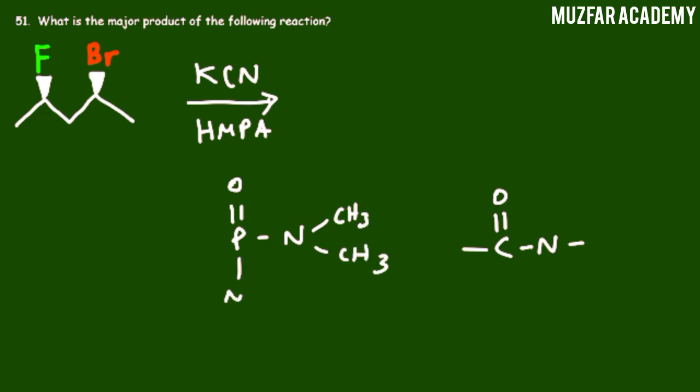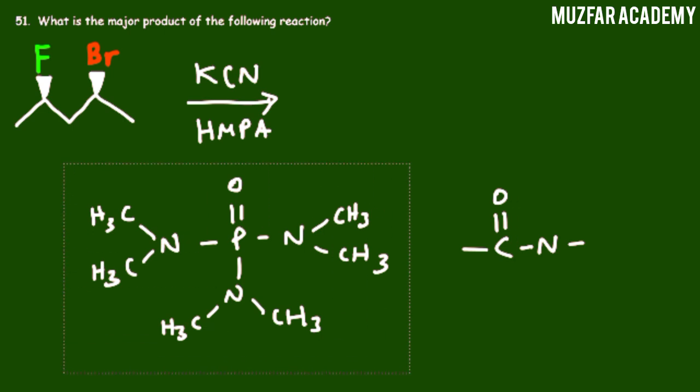And if we add 2 more nitrogen atoms, we can have a total of 6 methyls. So this is hexamethyl phosphoramide. We got 6 methyls and a phosphoramide group. So this is a polar aprotic solvent. That's what you need to know when you see HMPA.